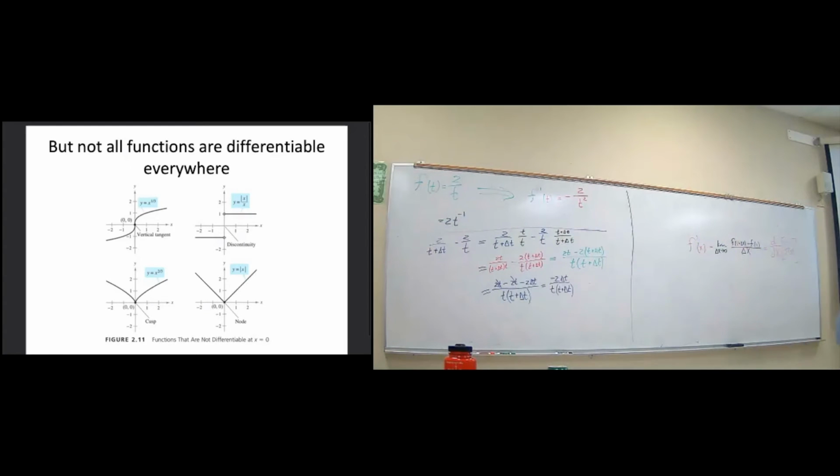This function, and this function are all three continuous. But they're not differentiable everywhere. So the minimum condition for a function to be differentiable everywhere is that it is continuous everywhere. But it is not the case that it will always be differentiable everywhere, just because it's continuous everywhere. Cool.